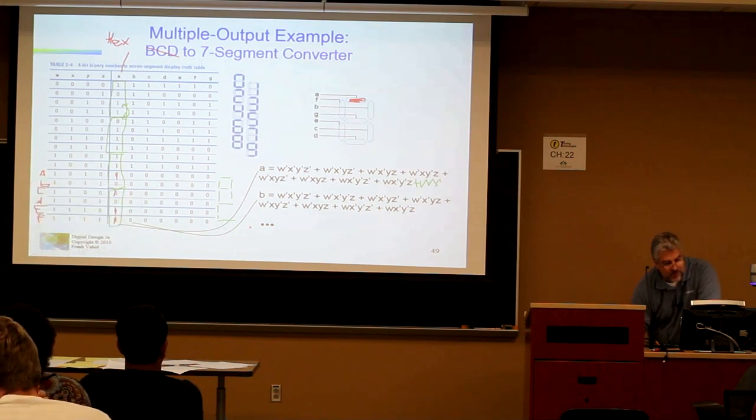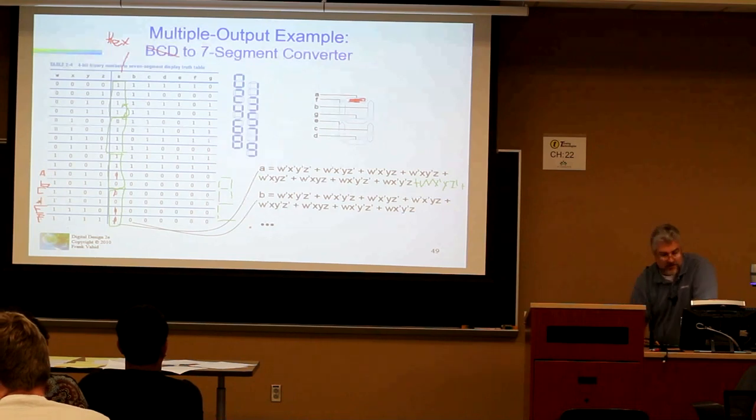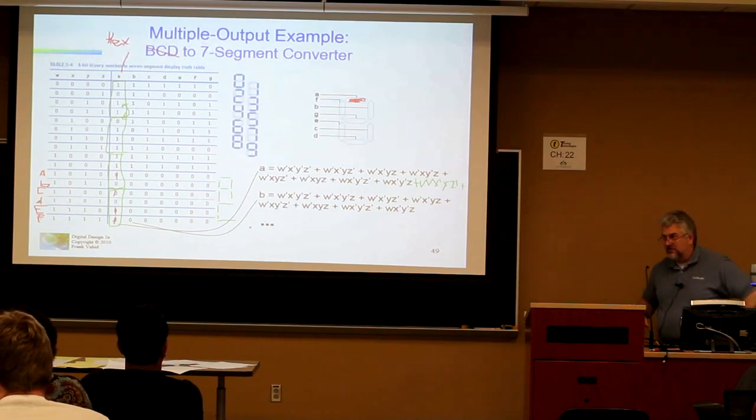All right, W X prime, Y, Z prime, plus the one for this, the one for this, the one for this. But I'm not going to go on because you could figure that out on your own.